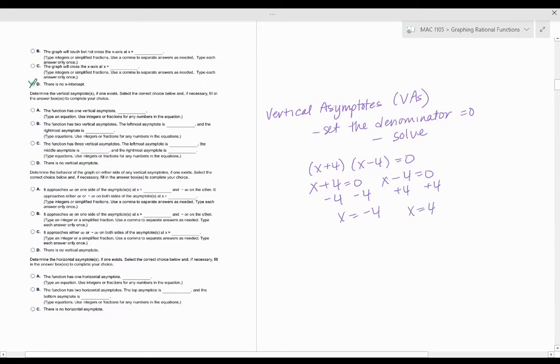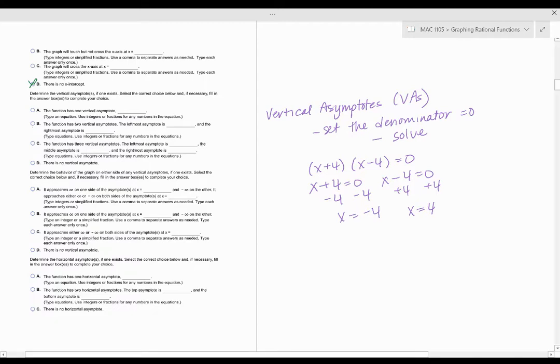I have two vertical asymptotes, one at x equals negative 4 and the other at x equals positive 4. So let's see what our choices are. It says the function has one vertical asymptote, two vertical asymptotes, three vertical asymptotes, or there is no vertical asymptote.